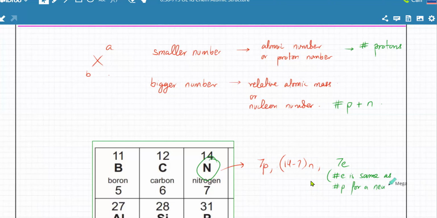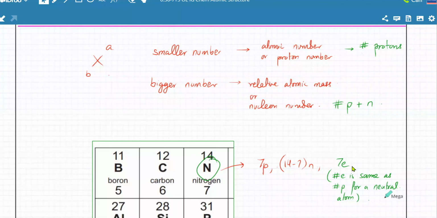A neutral atom is one which doesn't have a charge. For a neutral atom, it doesn't have a charge because the number of protons and the number of electrons are exactly the same. You've got plus 7 positive charge over here, you've got minus 7 negative charge over here. So the total charge on the atom is exactly 0 because the charges cancel each other out.